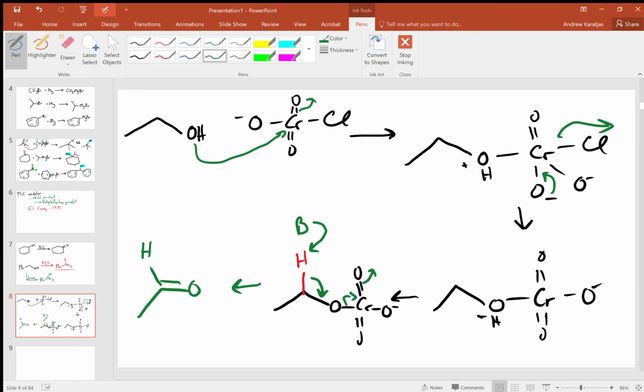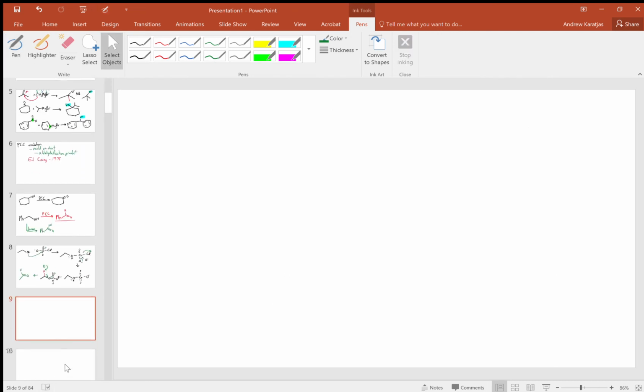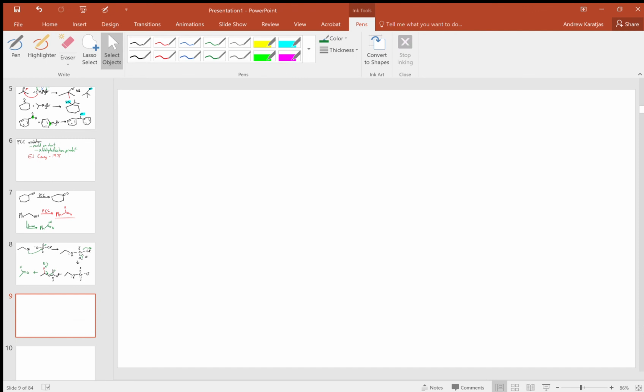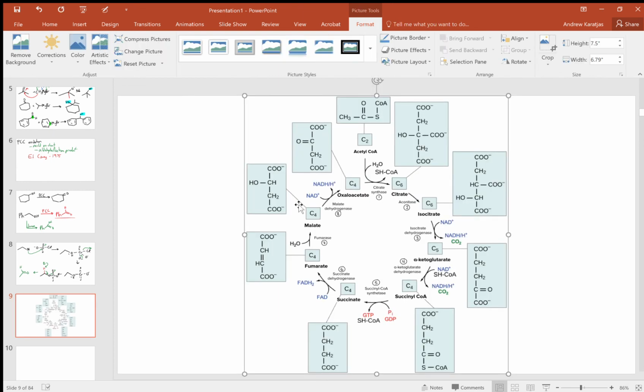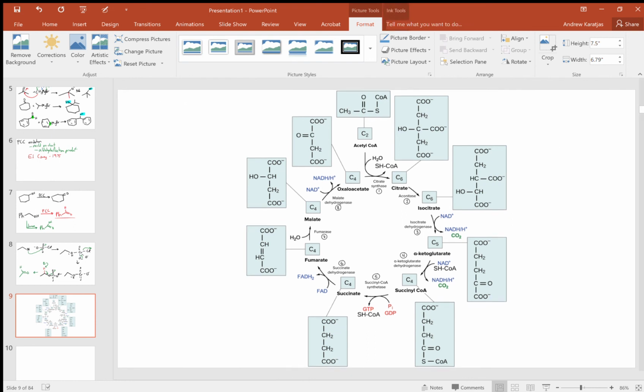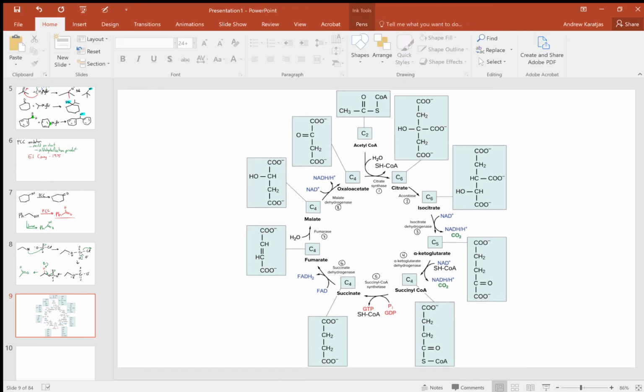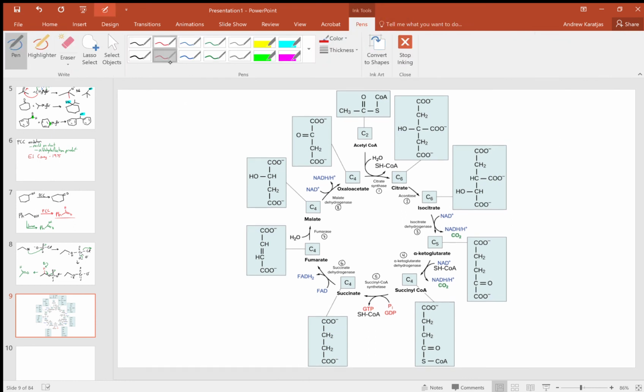So where might we run into an oxidation like this? Maybe two of the most important examples, and they're not PCC oxidations, but they are oxidations in the exact same type and category, are found here in the citric acid cycle. And where can we find them?